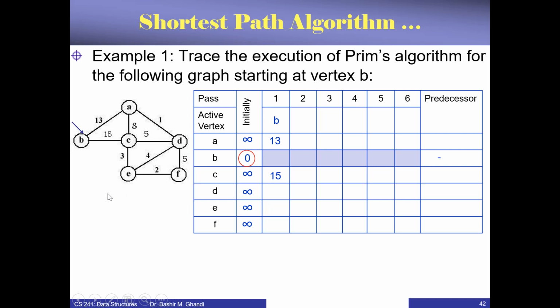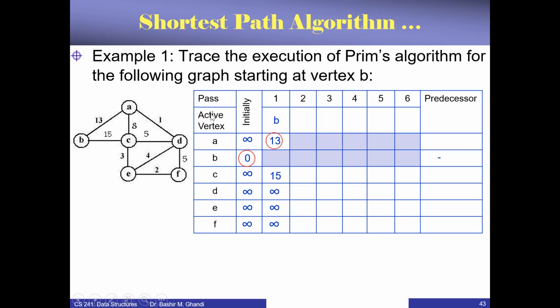Therefore, as we did in Koskas algorithm, you simply copy the previous values, in this case still infinity. So this completes our iteration number 1. We repeat the same 4 steps in the next iteration. In other words, identify first out of these which is the minimum. Obviously 13 is the minimum, so mark it as minimum and finalize it.